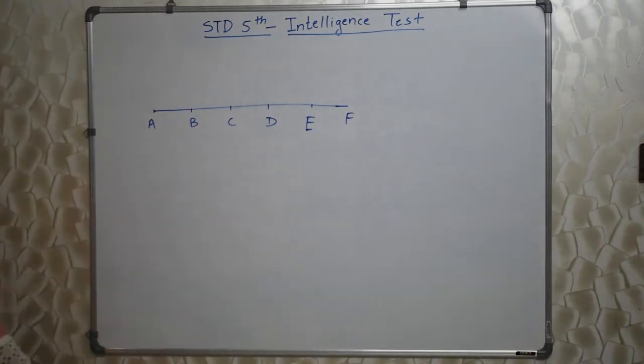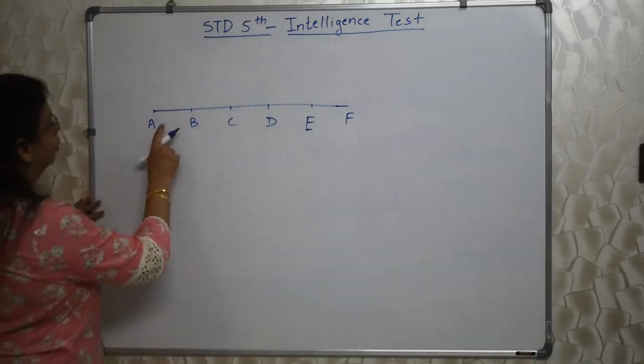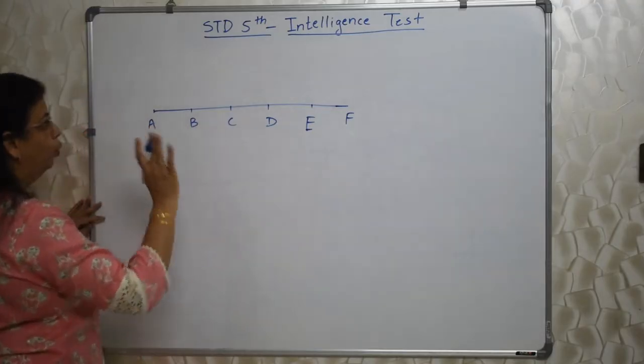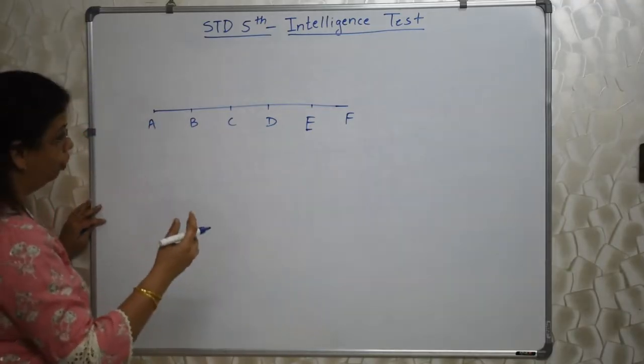Here if I ask you how many segments can be formed from this given figure, don't calculate or count like this, A, B, 1, then B, C. No, you are going to make mistake and you will be wasting a lot of time.